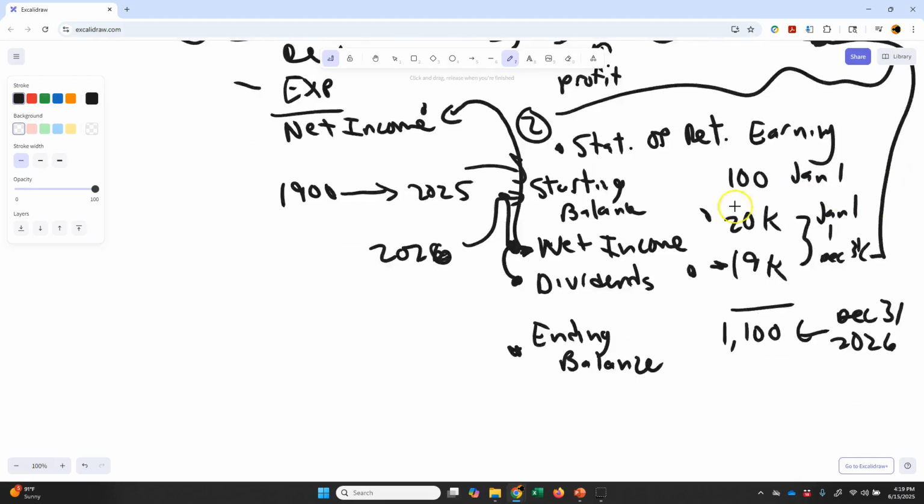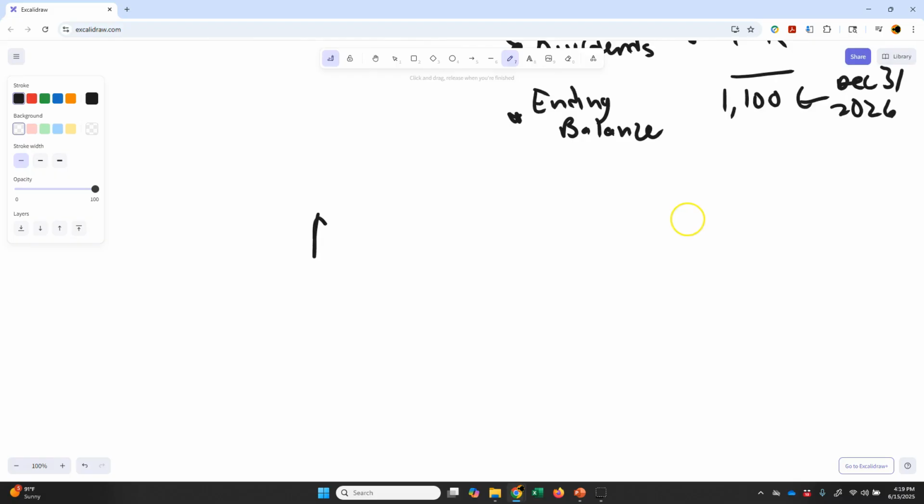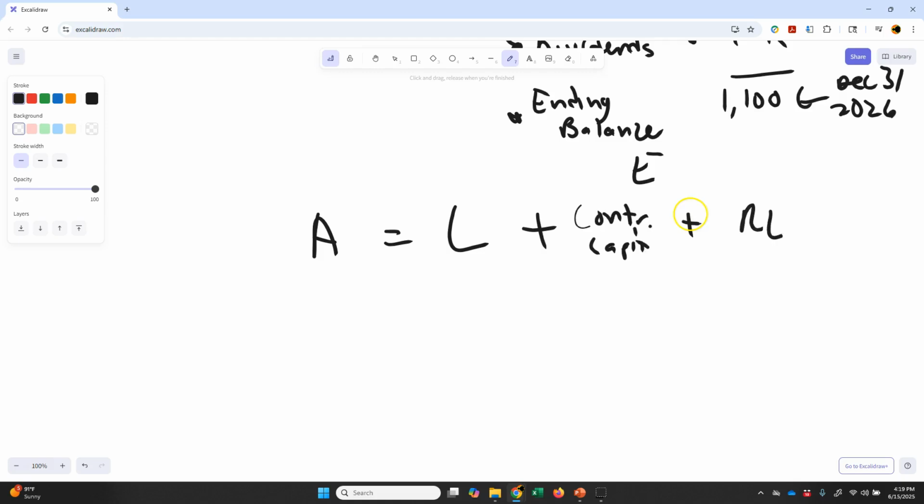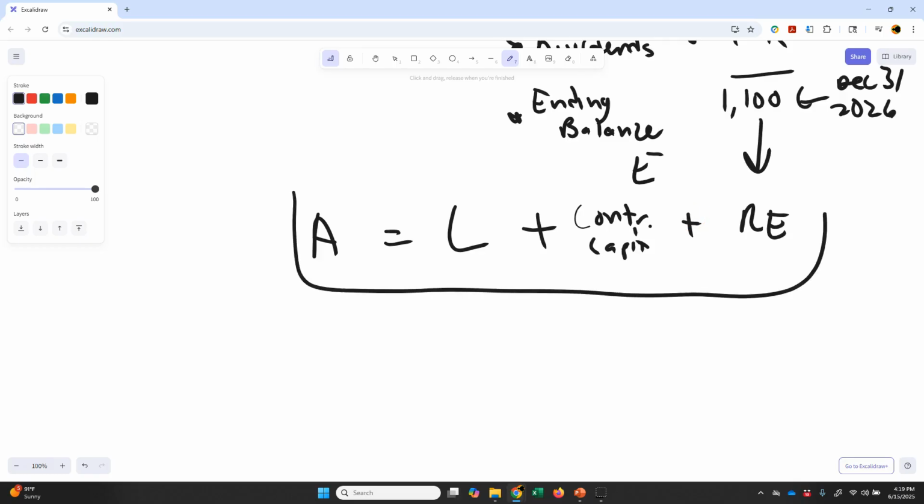So again, we have assets equals liabilities plus our equity, which is our contributed capital plus our retained earnings. And now we've just calculated this retained earnings. So now we can complete this balance sheet. Now we have all the pieces that we need to complete the balance sheet.